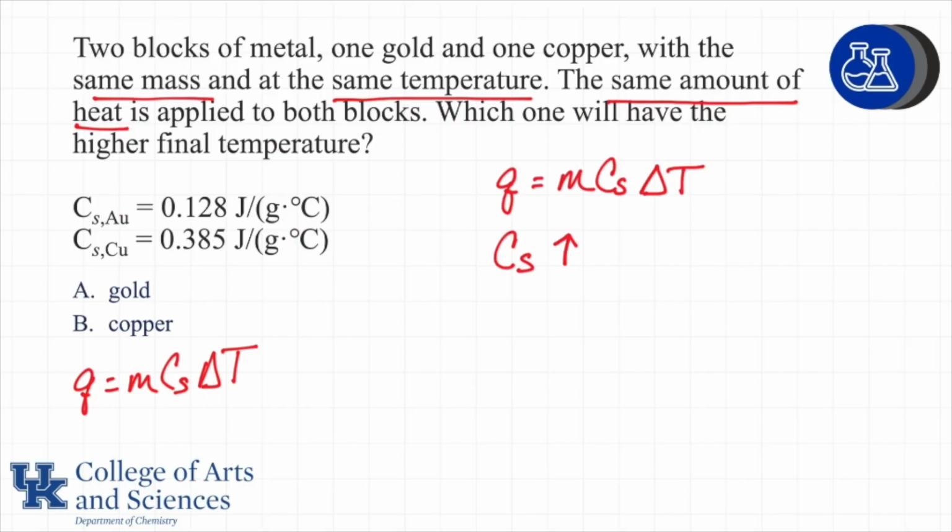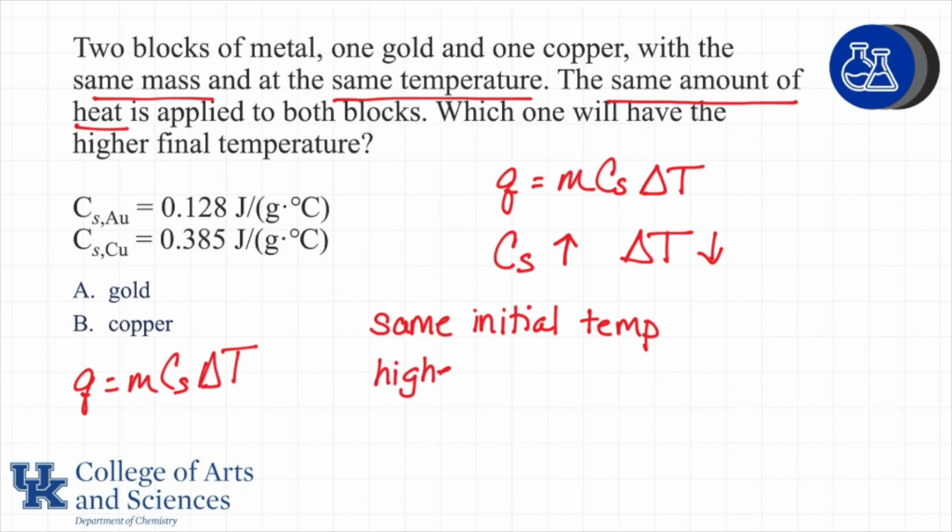When we look at our equation, we see that as Cs increases, delta T must decrease because Q and m have exactly the same value for both substances. So in comparing these, if Cs goes up, delta T must go down. We have the same initial temperature, and what we're looking for is the substance with the higher final temperature, which means our delta T is going to be bigger.